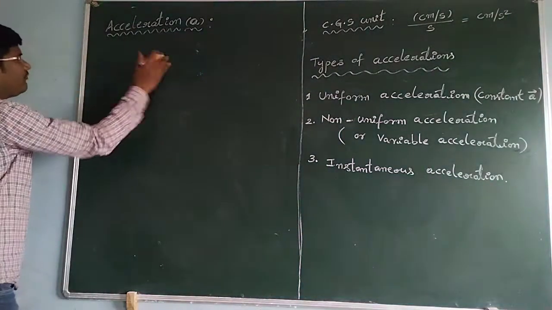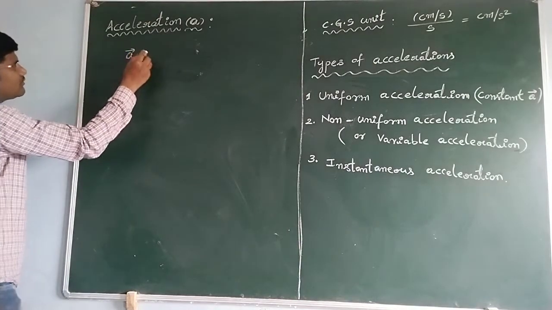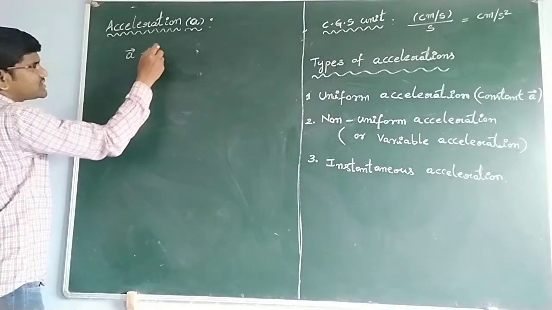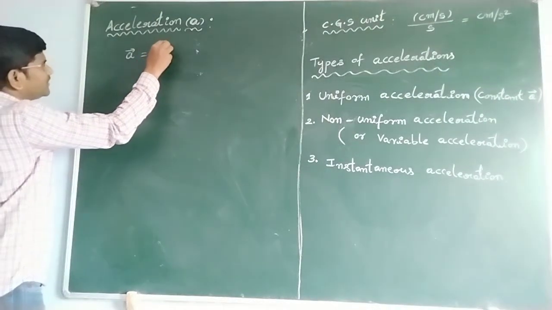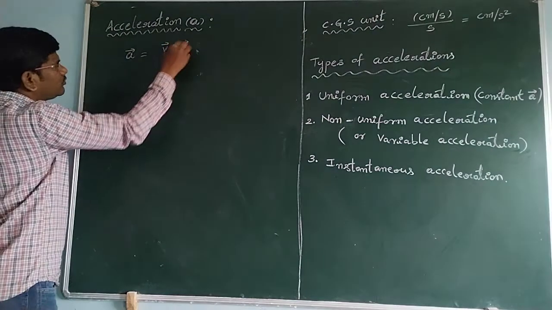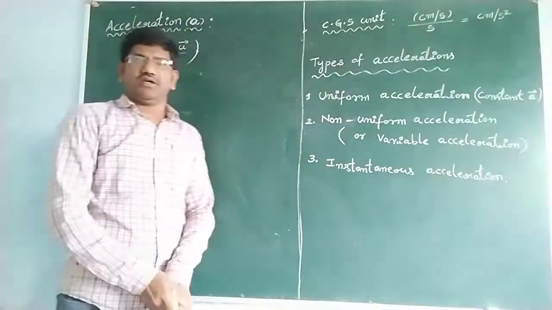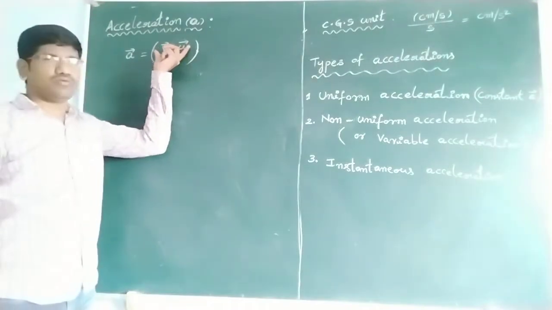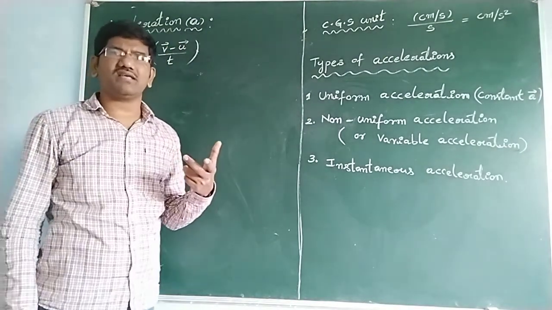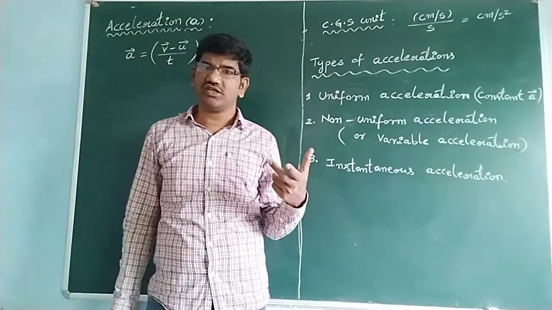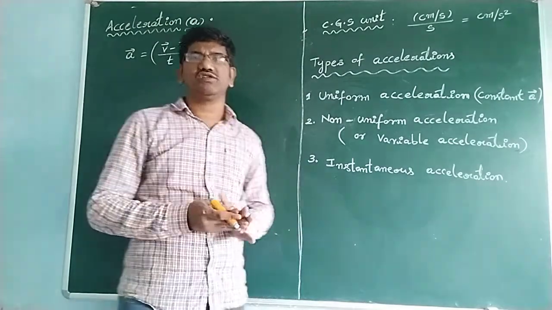We have the formula: acceleration a bar is equal to change in velocity by time, that is v bar minus u bar by t. If the change in velocity is negative, acceleration is negative. If the change in velocity is positive, acceleration is positive. And if there is no change in velocity, then acceleration is zero.